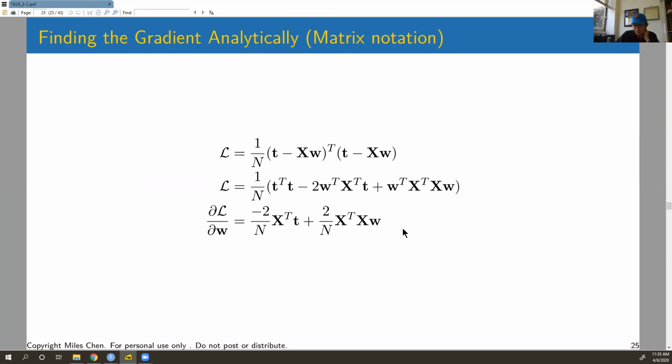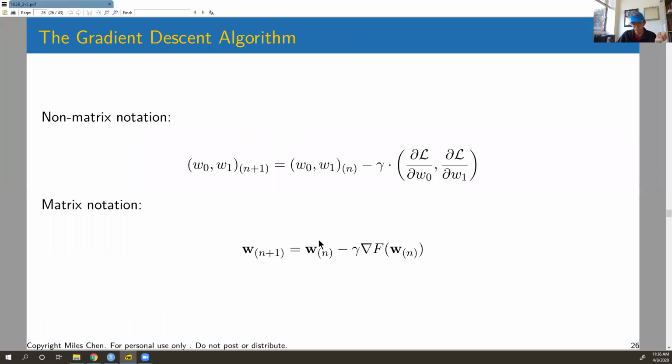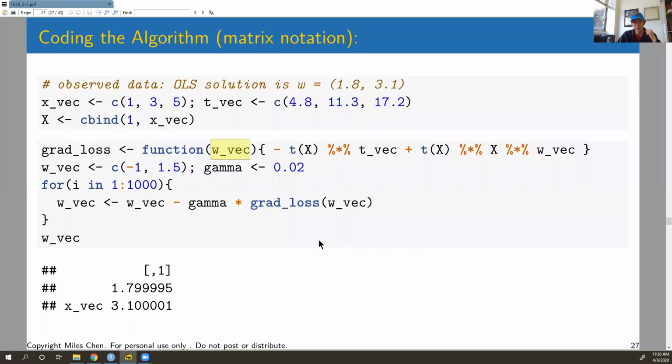And when I decided to code this up in R, I got rid of the constants. I'm just going to have it negative x transpose t and x transpose xw. I got rid of these constants 2 over n because that can get folded up in the gamma constant. So there's going to be a gamma constant that I can wrap up in here.